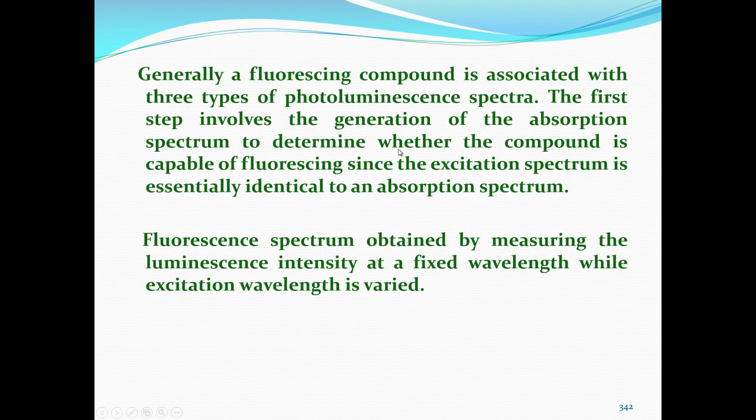The first step involves the generation of absorption spectrum. First the material should have the capability to absorb the radiation. That means it must have an absorption spectrum, and then if there is an absorption spectrum, the compound can be a fluorescing compound or it need not be. But if there is no absorption spectrum, the compound need not be fluorescing at all.